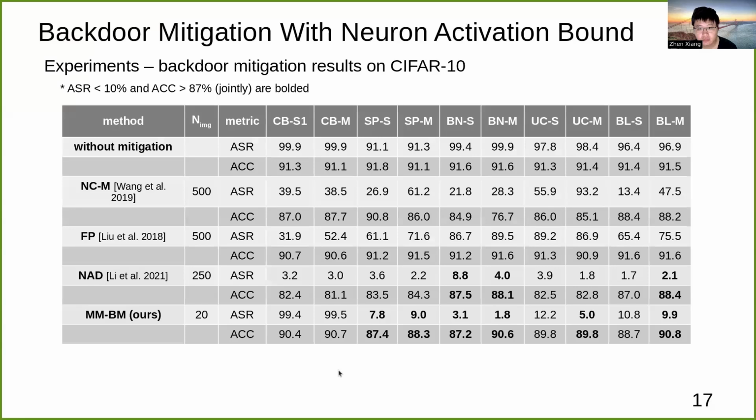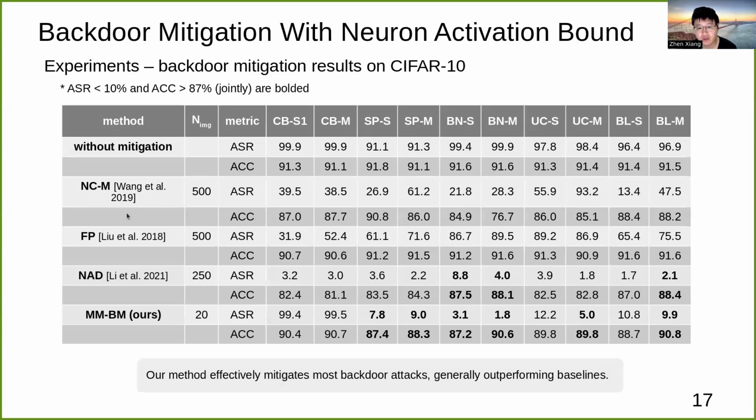Okay. So the performance of our method is very effective. We compare with some baseline mitigation approaches, and we can see that in most of the cases, our method reduces the attack success rate with a very small degradation in the benign accuracy of the model.